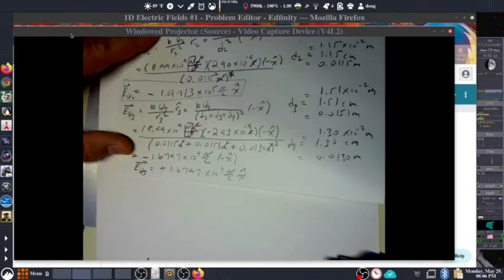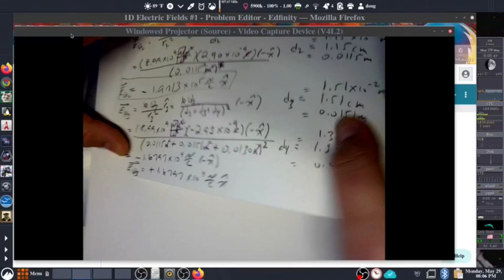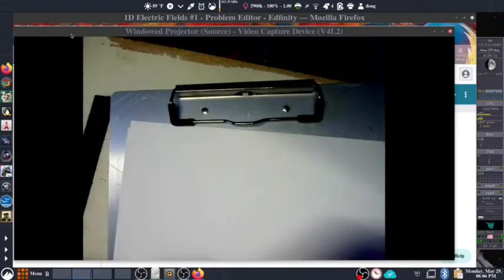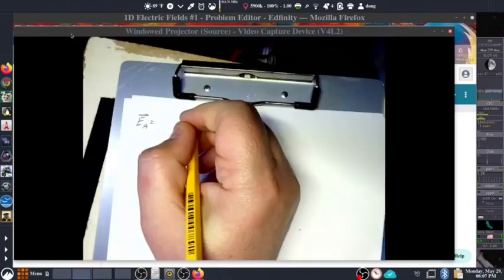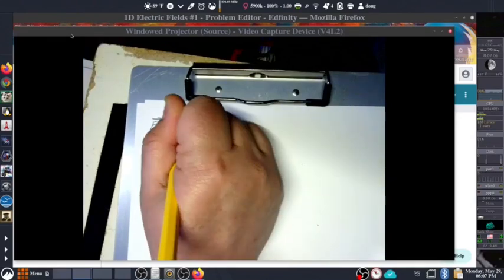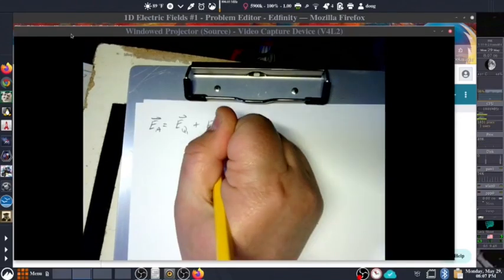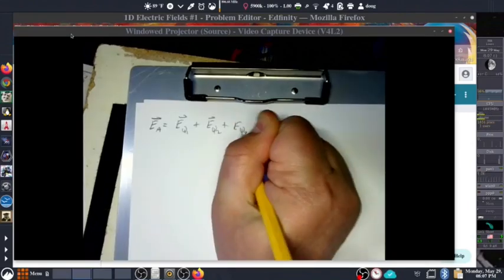Okay. So I have each of my electric field values. The total field is just going to be the sum of each of the individual ones. So my E total, or my electric field at A, is going to be E Q1 plus E Q2 plus E Q3.